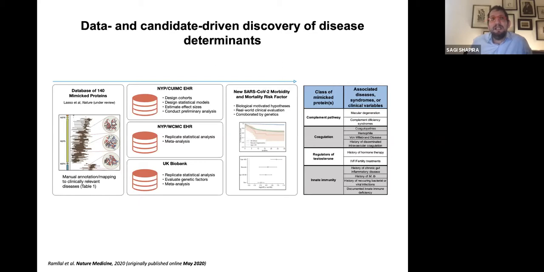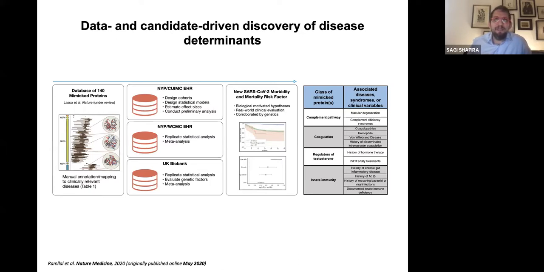It's a large enough number that we can look at the contributions of various clinical histories in the outcome of disease. And something I didn't remember too much about complement, but something I do remember from when I took immunology is that complement is associated with macular degeneration. One of the drivers of macular degeneration is a hypercomplement phenotype.